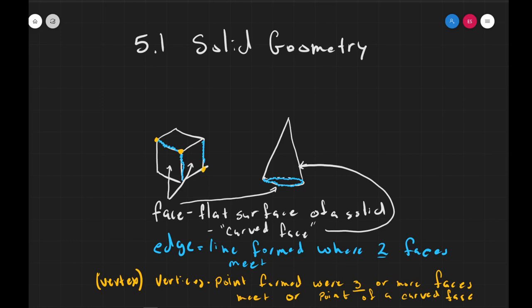Every single corner on this cube is going to be a vertex. And then we also have a vertex up here at the top of this cone, where that cone forms a point. Okay, so we have faces, we have edges, we have vertices. Those are our definitions that we're going to use when we're talking about solid objects. And different solid objects will have different combinations of faces, edges, and vertices.